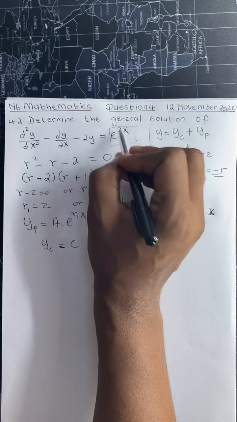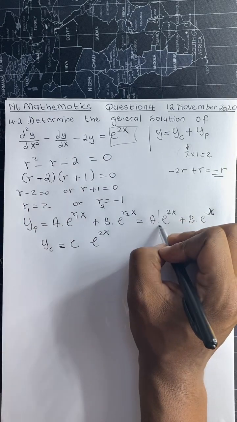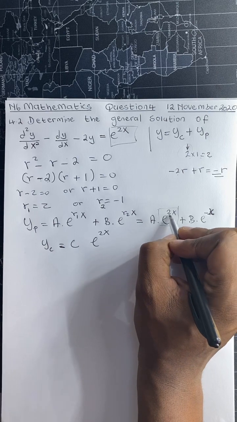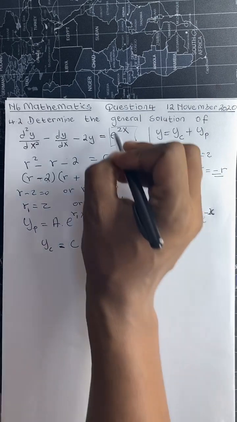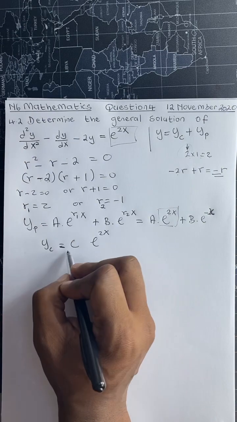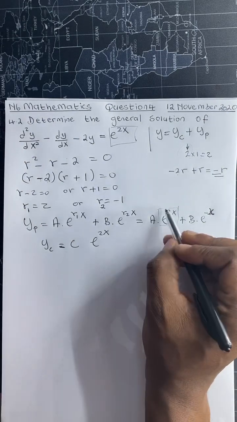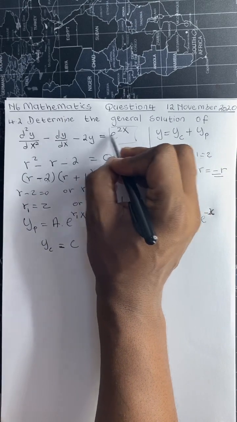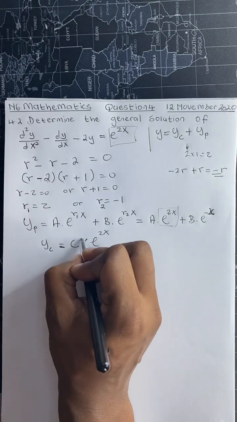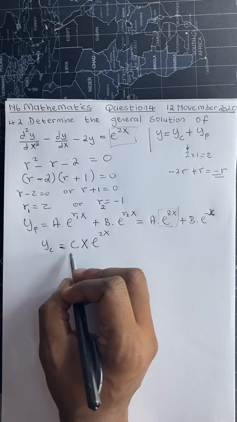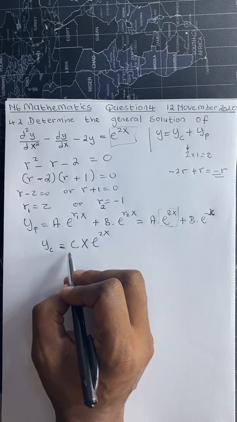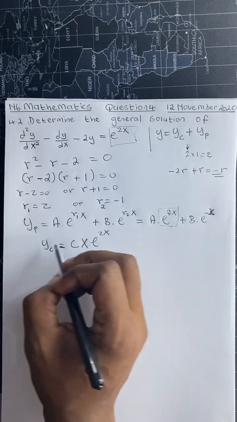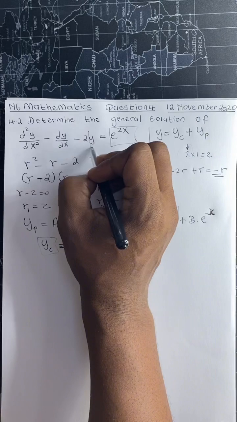We were supposed to just take that, but because we also have e raised to the power 2x in our general solution, if this was 3 or any number except for that 2, this was going to be our complementary solution. But because the 2x is the same as that 2x from the original equation, we have to introduce x there. So yc, the complementary solution, will be equal to c multiplied by x multiplied by e raised to the power 2x. So we take this y and substitute it there.